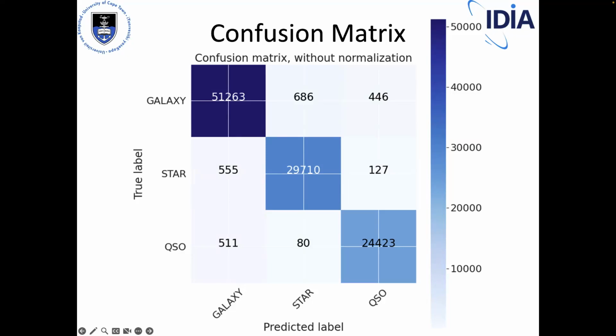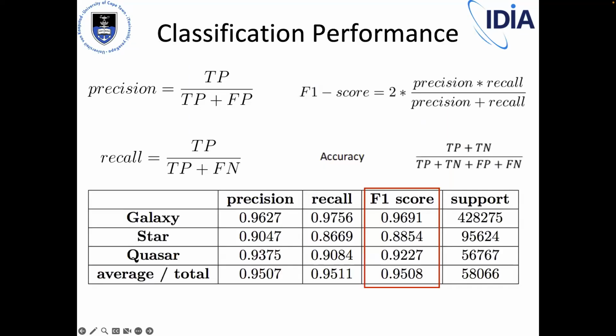And similarly for the other classes of objects. This is not too bad, and you can actually write the confusion matrix in percentage form, but here I'm doing it in a slightly more accurate manner.